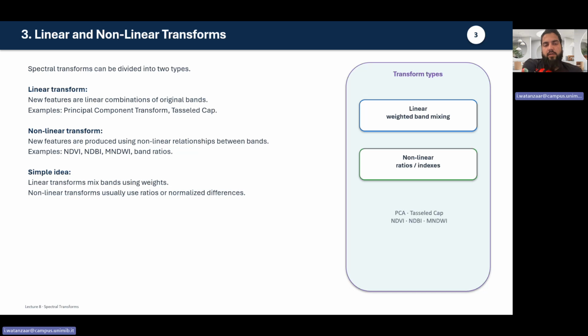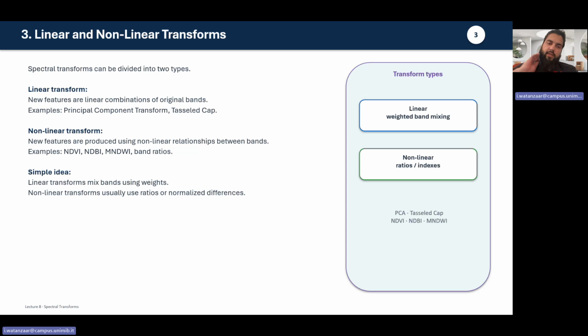A nonlinear transform is where new features are produced using nonlinear relationships between the bands. In this case, there is no direct linear relationship between the bands, but we use multiple bands as a ratio, like NDVI, NDBI, MNDWI and band ratios.